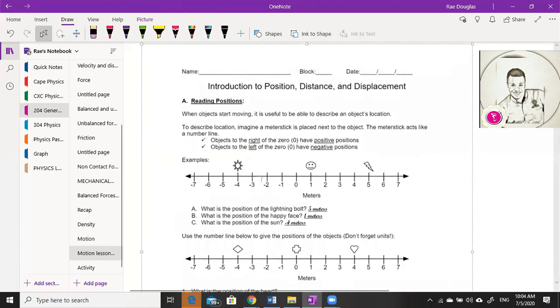Somebody go ahead and read that for me, please. Starting from reading position. Somebody go ahead and read it now.